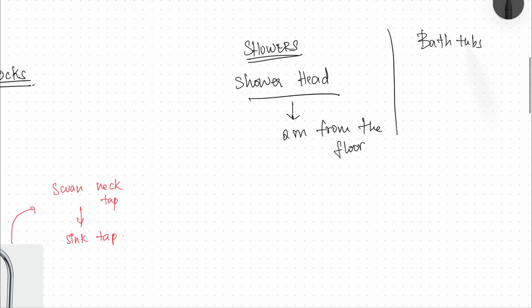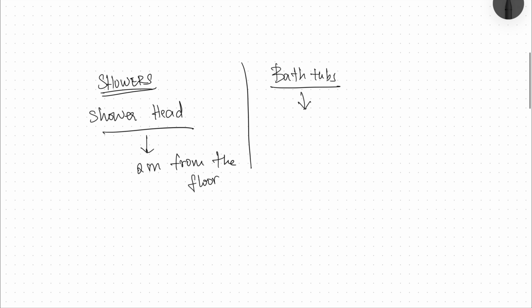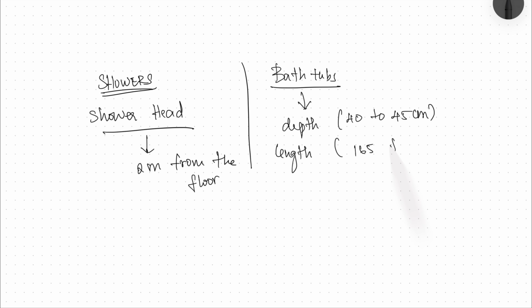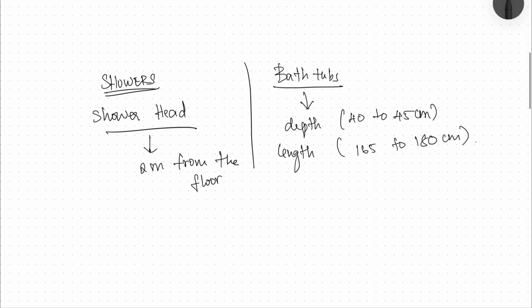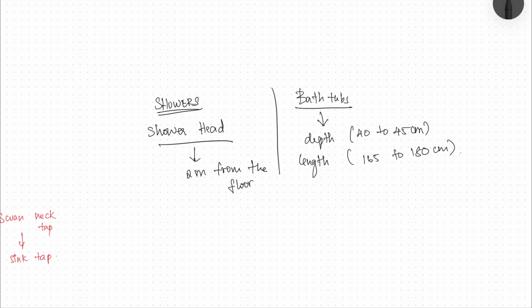For bathtubs, the depth should be 40 to 45 centimeters, and the length can range from 165 to 180 centimeters. I'm just mentioning the important things that are necessary for you to remember.